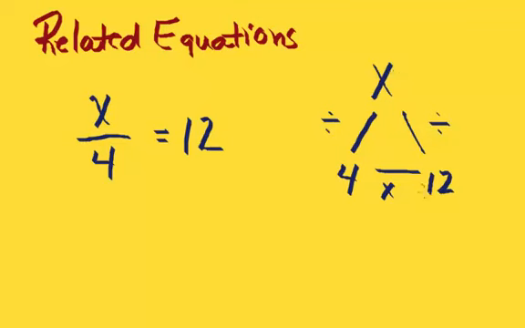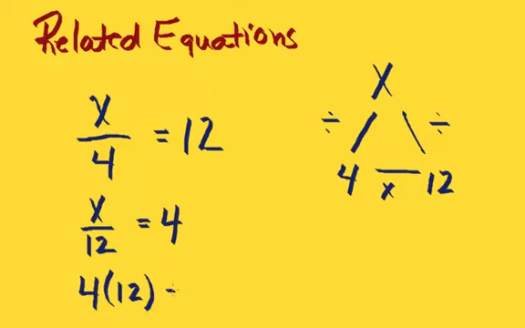So now we can write all of our related equations. We have x divided by 4 is equal to 12 already. Now we're going to do x divided by 12 is equal to 4. And then you can also do 4 times 12 is equal to x.